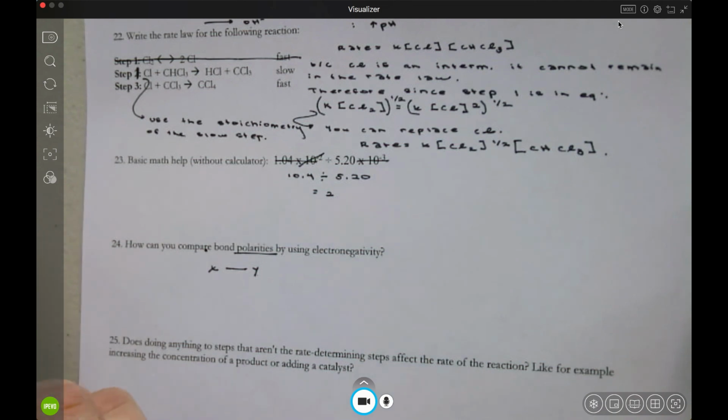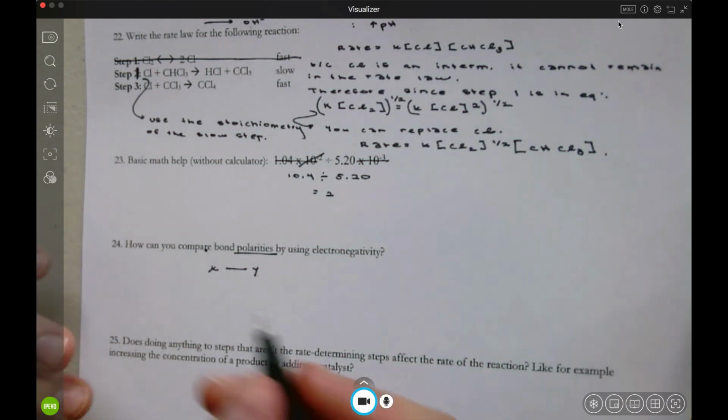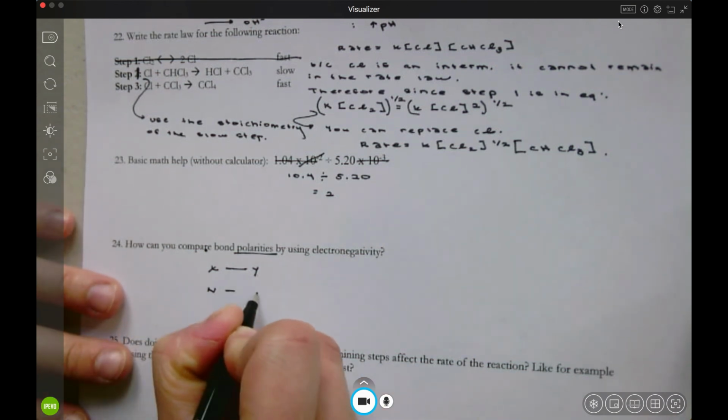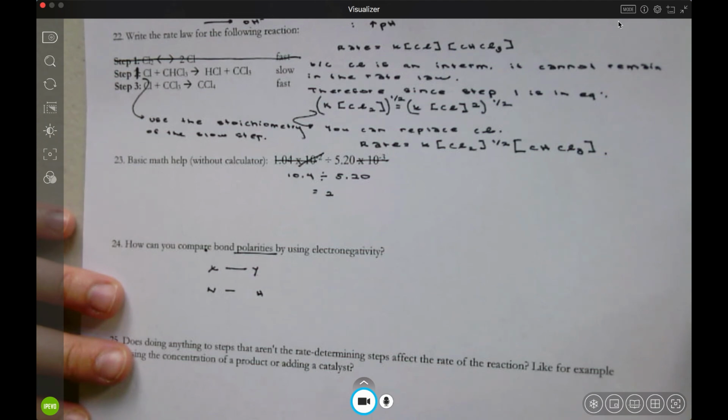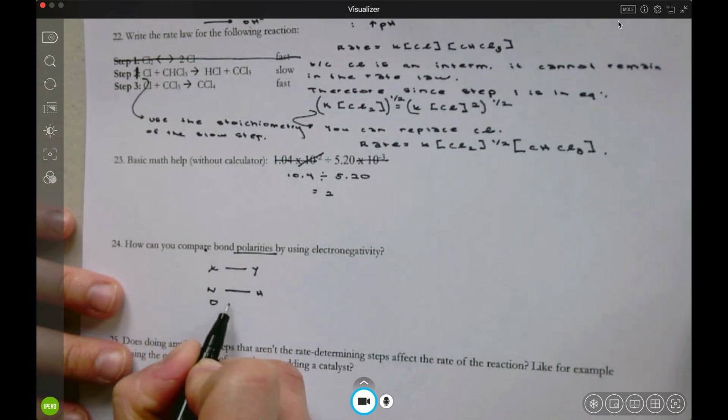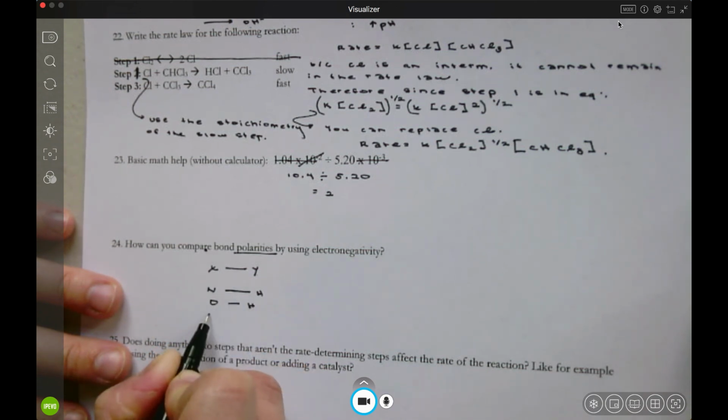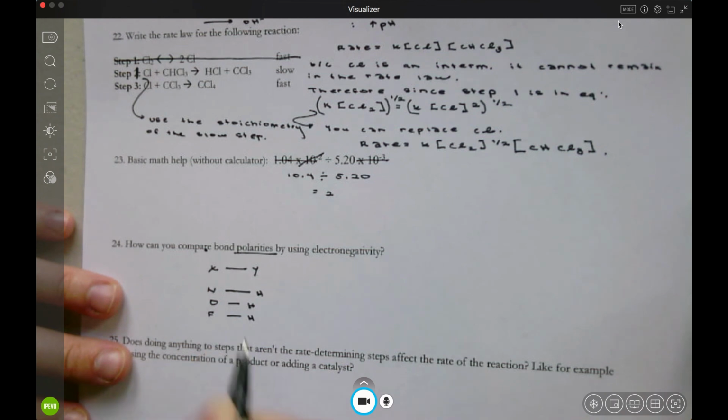Remember, the farther the distance between the atoms on the periodic table, the greater the difference in electronegativity. So that's why, for example, this is extremely polar and allows you to have hydrogen bonding, because the difference in electronegativity between nitrogen and hydrogen, or oxygen and hydrogen, or fluorine and hydrogen is very high.